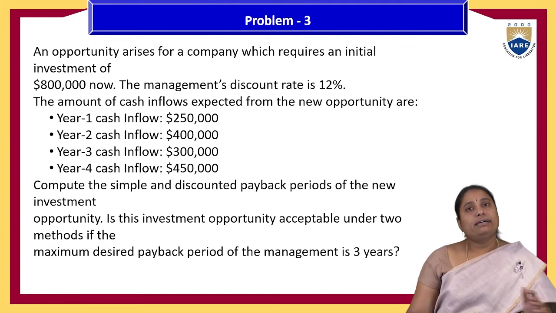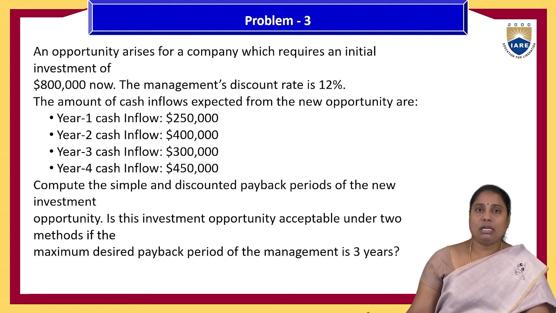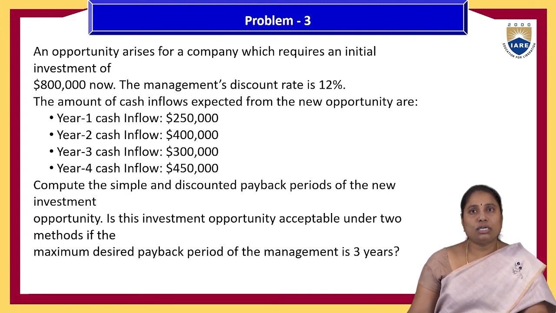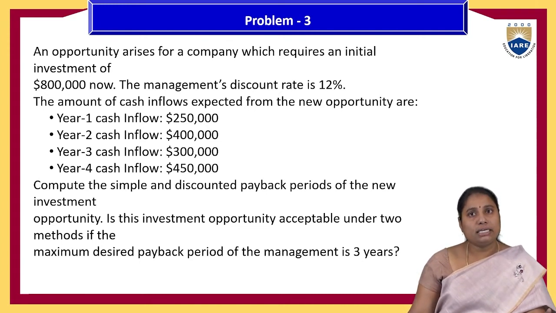Similarly, let's see this next problem related to the payback period. An opportunity arises for a company which requires an initial investment of $8 lakh now. The management discount rate is 12% and the cash inflows expected for the new opportunity are: year 1 cash inflow is $2,50,000, year 2 is $4 lakh, year 3 is $3 lakh, and year 4 is $4,50,000.